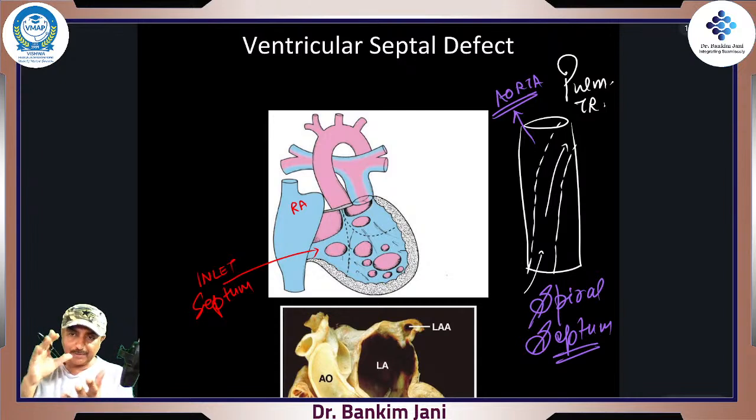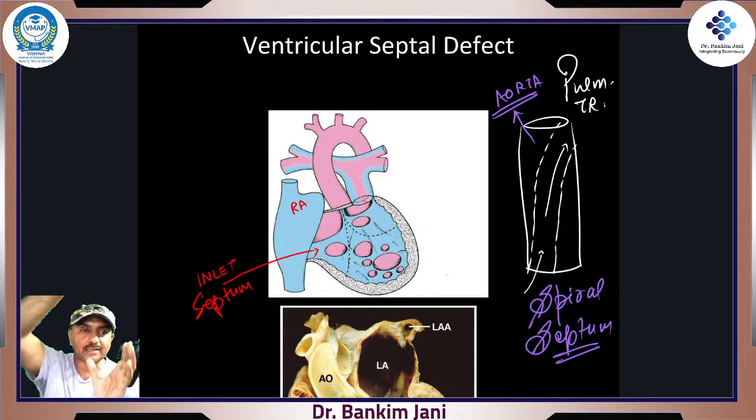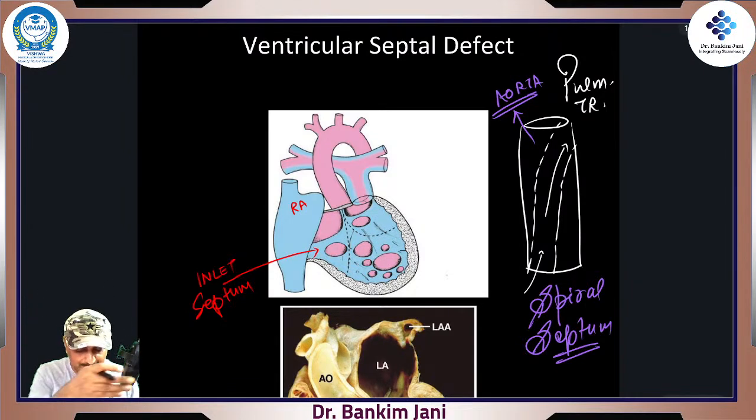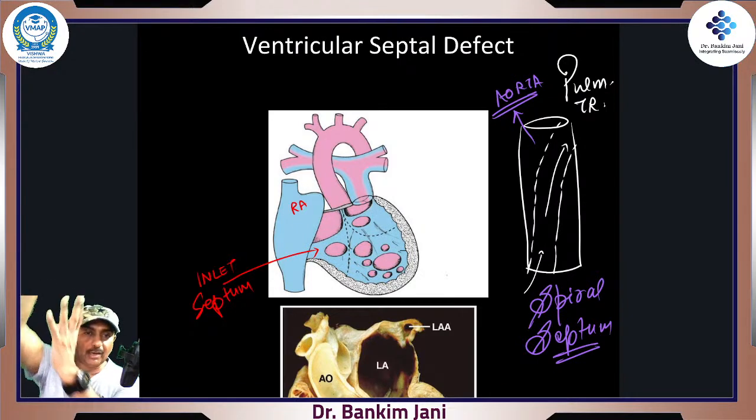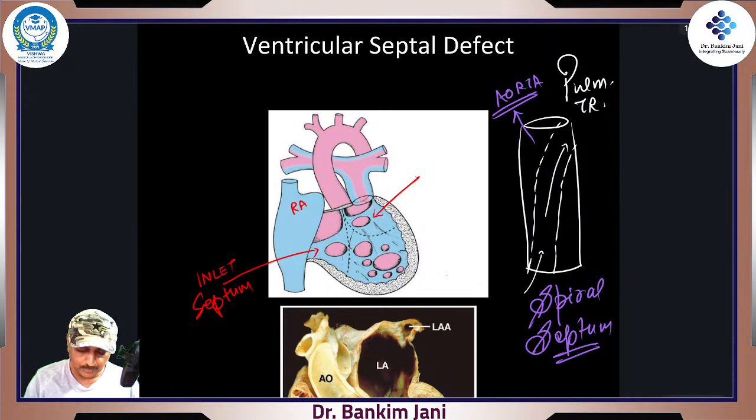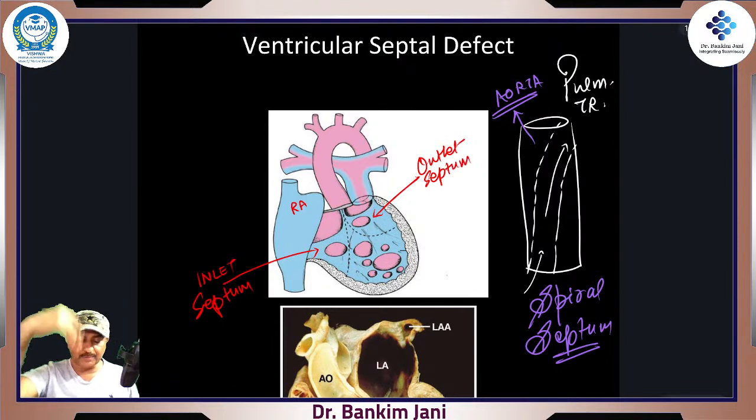Because the whole septum has one portion near the superior vena cava and inferior vena cava, and then from the right atrium it is coming into the right ventricle. So that is our inlet. From here, there would be the outlet septum, where the output vessels will be going, whether the pulmonary trunk or the aorta, they are near the outlet septum.